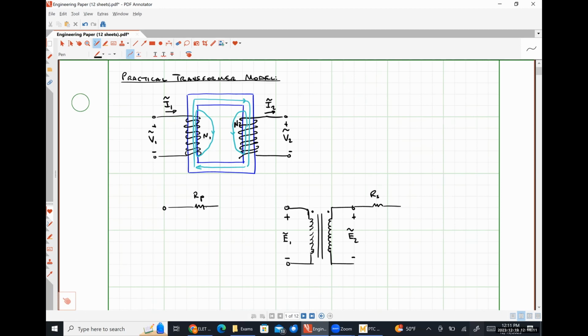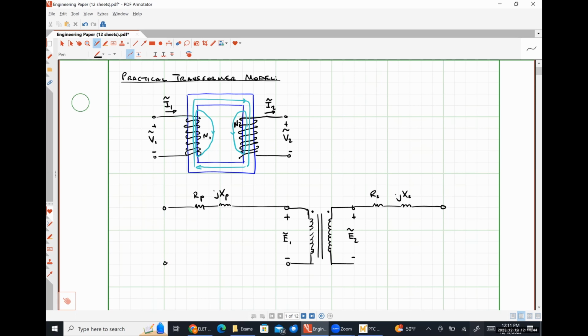So we are going to have some reactance here, jX sub P, and we'll have a reactance here, jX sub S. So this is taking into account our flux leakage losses. And let me extend that wire over like so. So we've taken care of our series components.